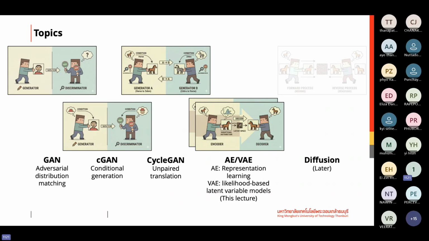Right? Now, for today, we will look at autoencoder and variational autoencoder. So the concept itself, to sum up today's lecture: autoencoder is representation learning. The idea of autoencoder is to extract latent structure, right? Extract latent vector from the data set by compressing it down through the learning process.